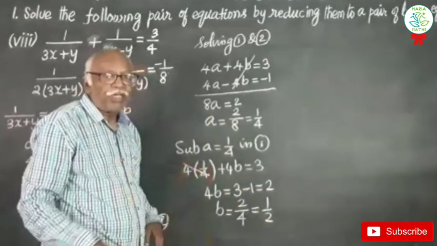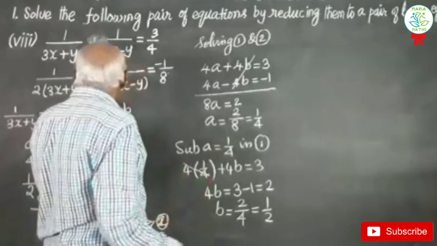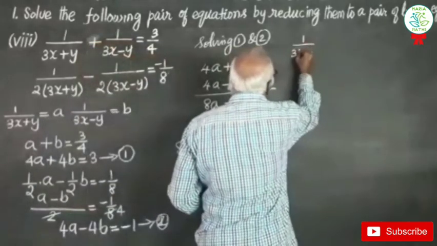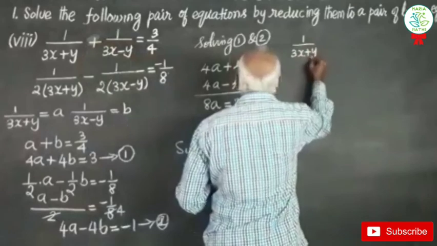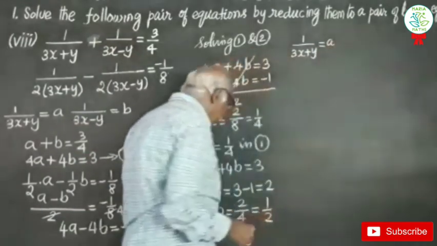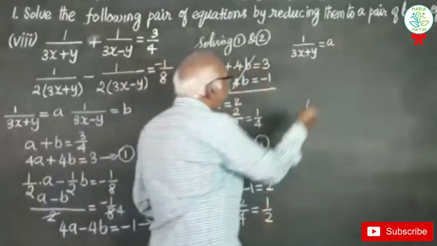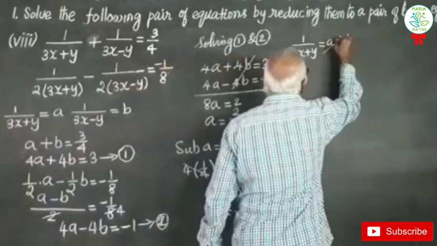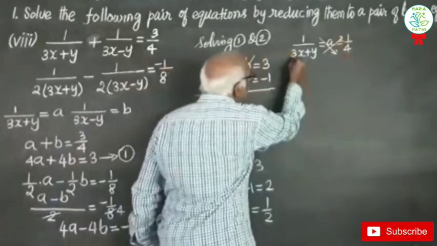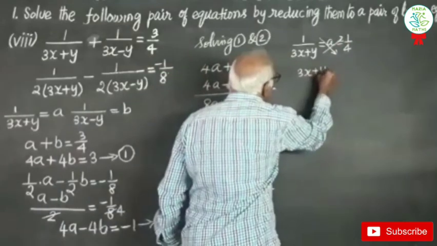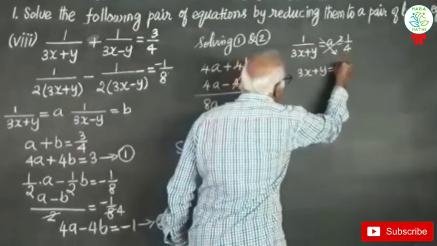Now we have to find the values of x and y. 1 by 3x plus y equal to a, and our a is 1 by 4. Now cross multiply: 3x plus y equal to 1 into 4, 4.